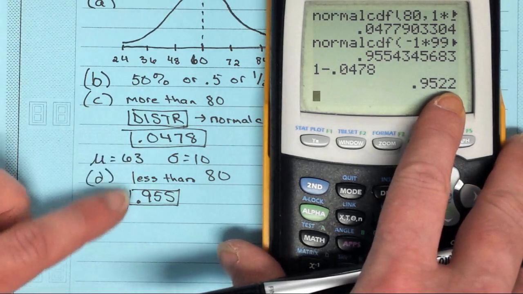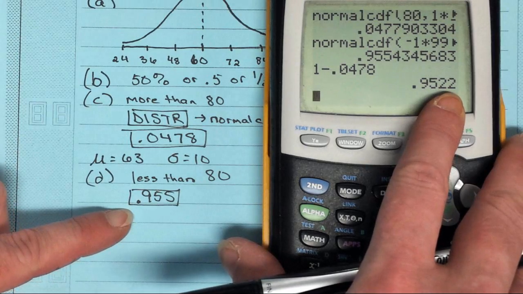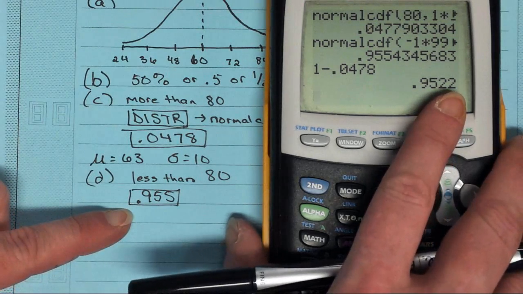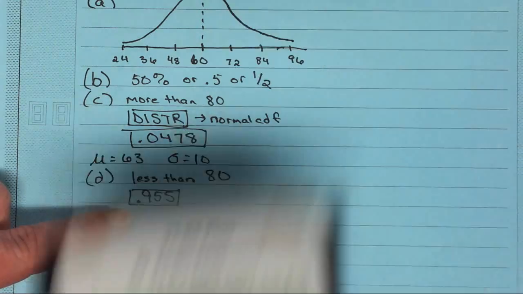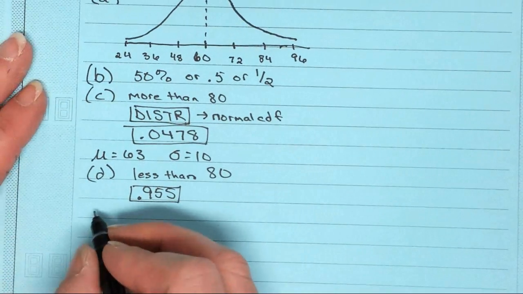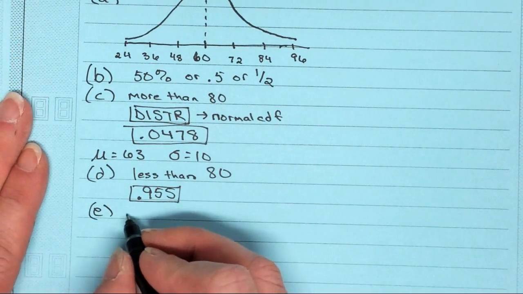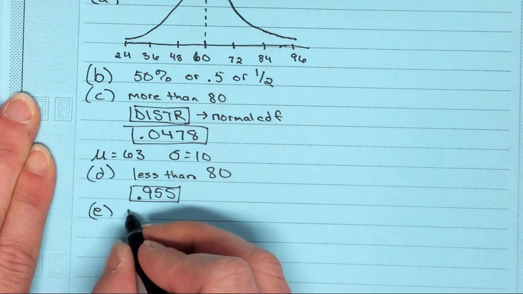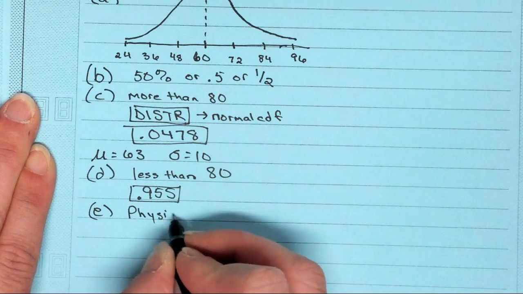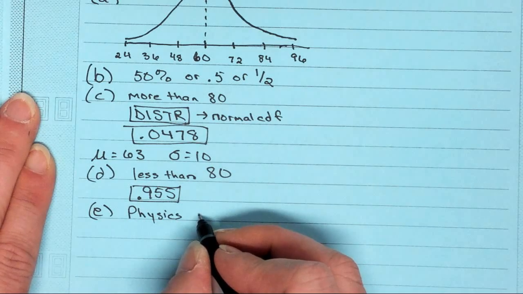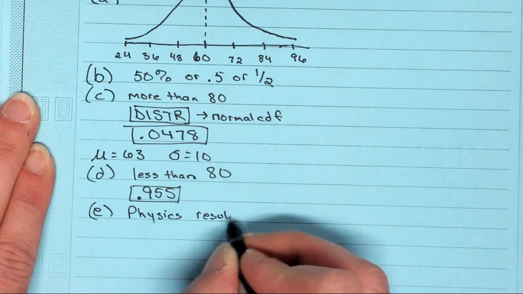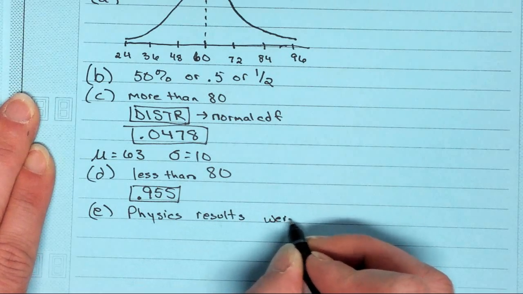And 0.955 scored less on the physics test. So better on chemistry. And they want to know a reason. Because I said so. Chemistry results were better.